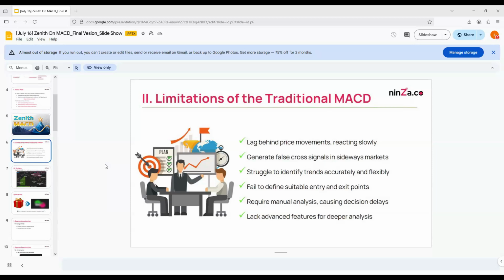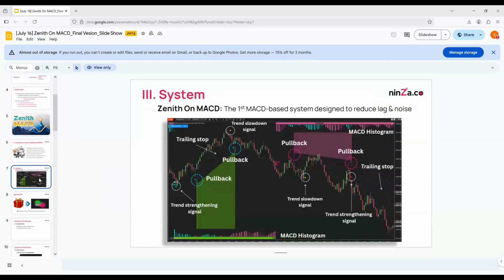So leave it up to NINZA to work on it and improve it so that it could immediately filter at least 50% of those so-called non-profitable signals. And the way they did it was to make it part of a trend.